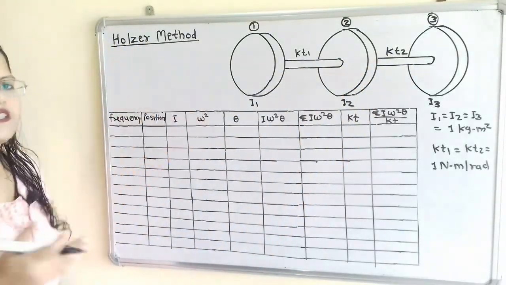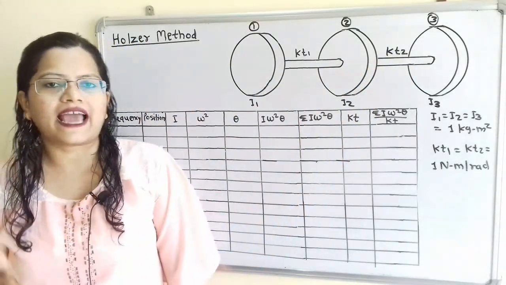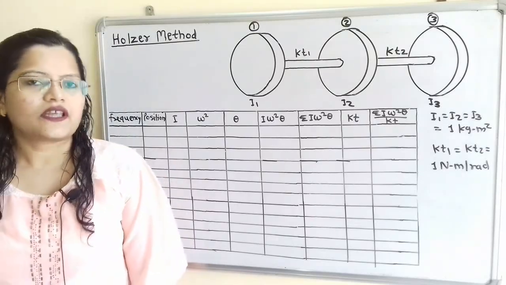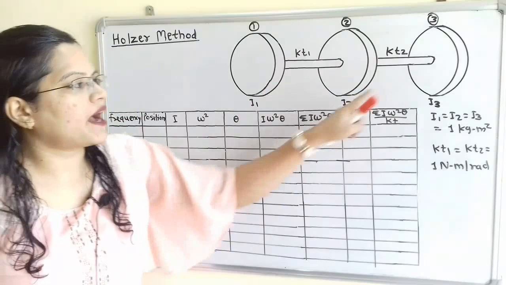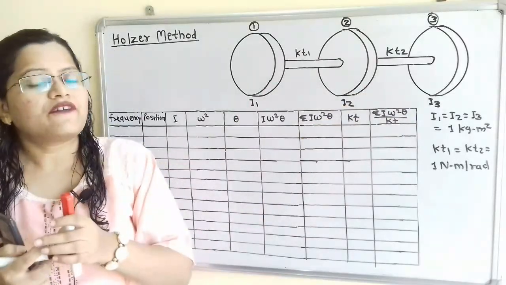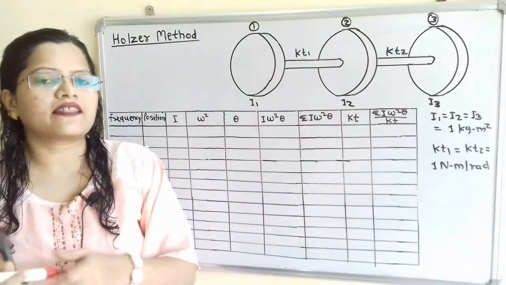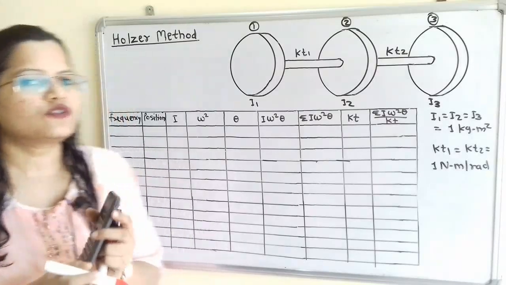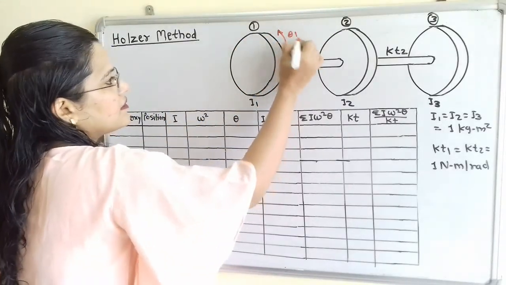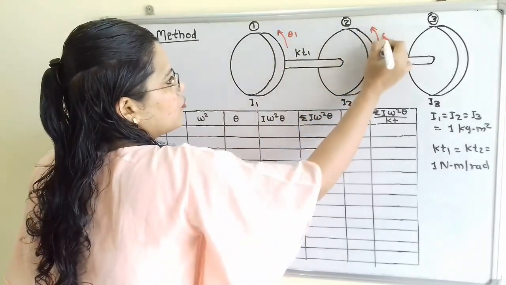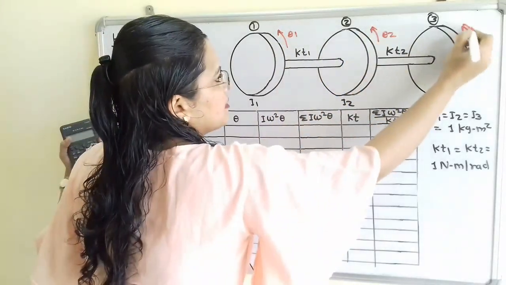Now for this system we have to find out the natural frequency. Now if we observe, there are three rotors with three mass moment of inertia, and for these three rotors there are three angular displacements. So these angular displacements are, here is theta 1, here is theta 2, and here is theta 3.